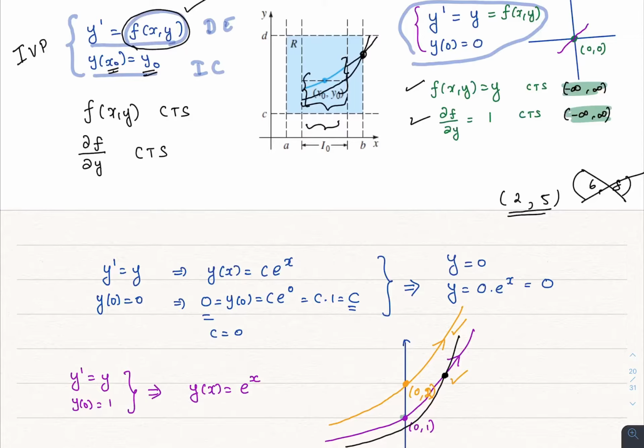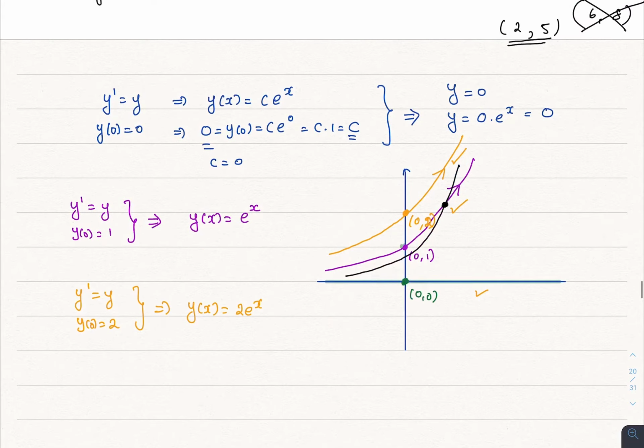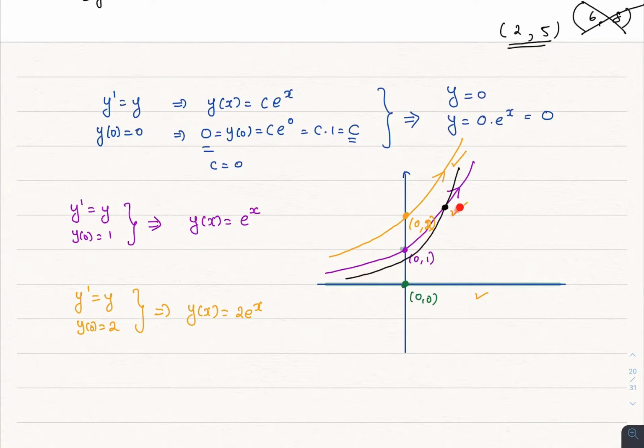We cannot guarantee that. But as far as the problem that we are dealing with right here, since it's continuous on the entire real line, and its partial derivative is continuous on the entire real line, I can guarantee for this problem the solution is unique, right? So if you take a look at this particular point, now I can come up with a new initial value problem.